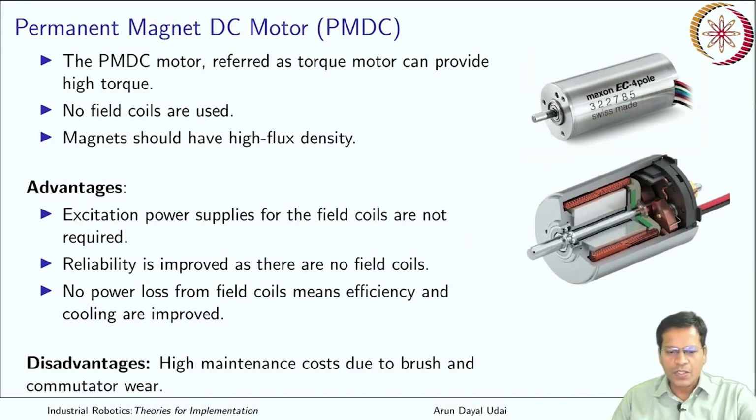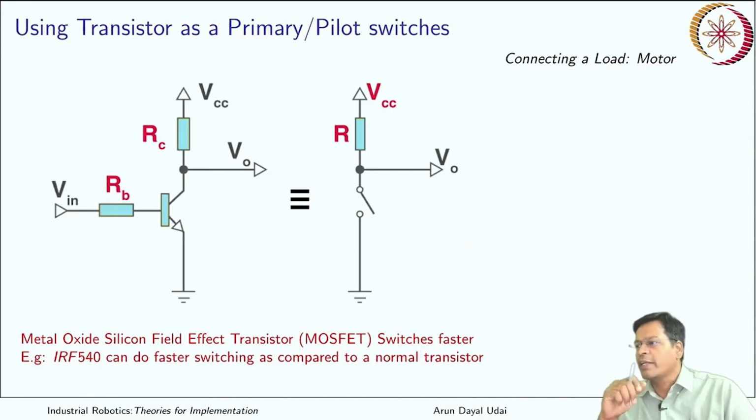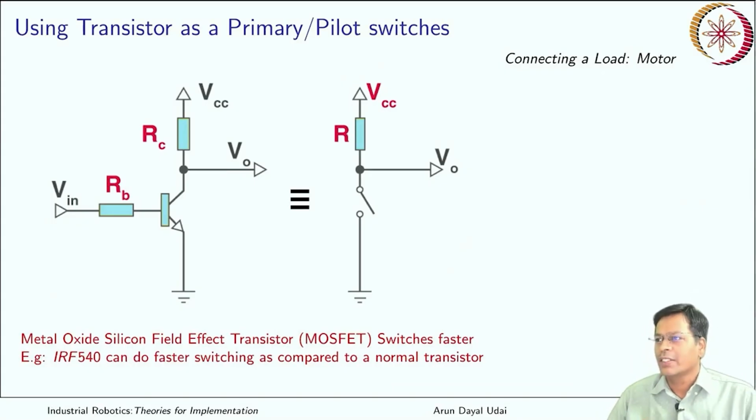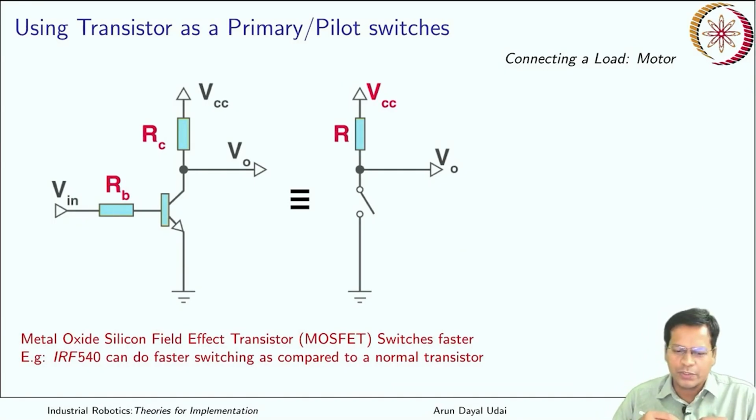Okay. So now how to drive this motor? Let us first introduce you to a transistor switch. Hopefully you know this from your basic electronics course if you had any, right? This is a typical transistor which is biased in a way using these two resistances, and it is connected.